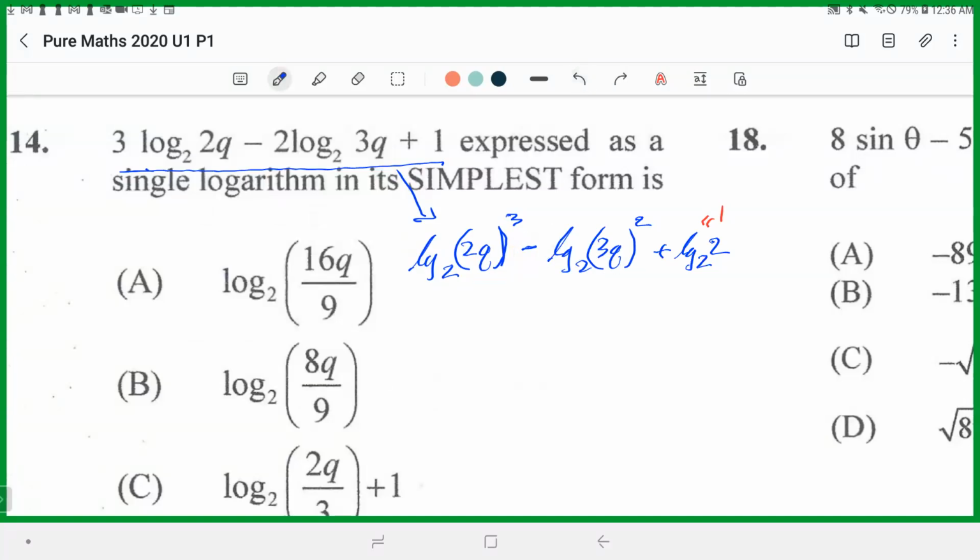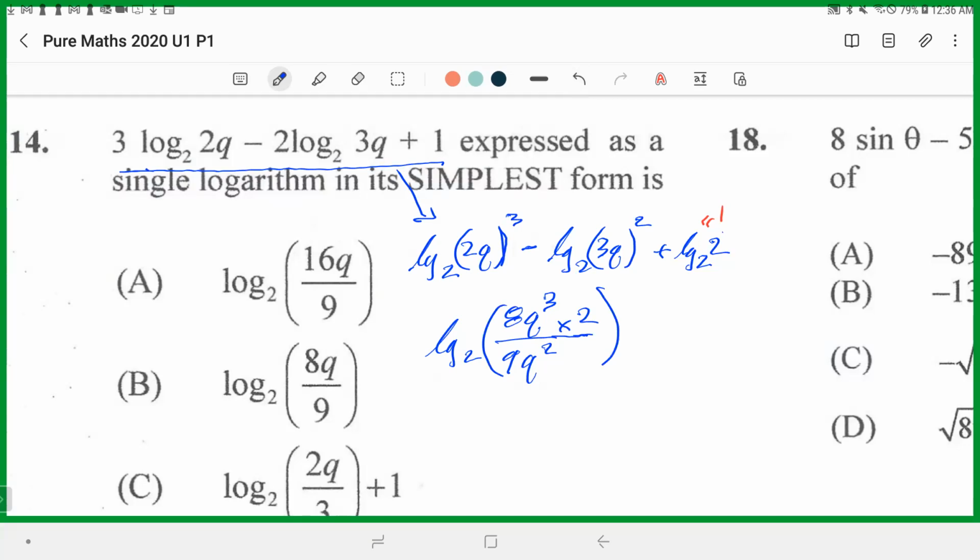So it becomes log to base 2 of, well, this expands out into 8q cubed over, this expands out into 9q squared. Right, and then now we're adding this one, so we are also to multiply by the 2. That's how we get the log of that one expression.